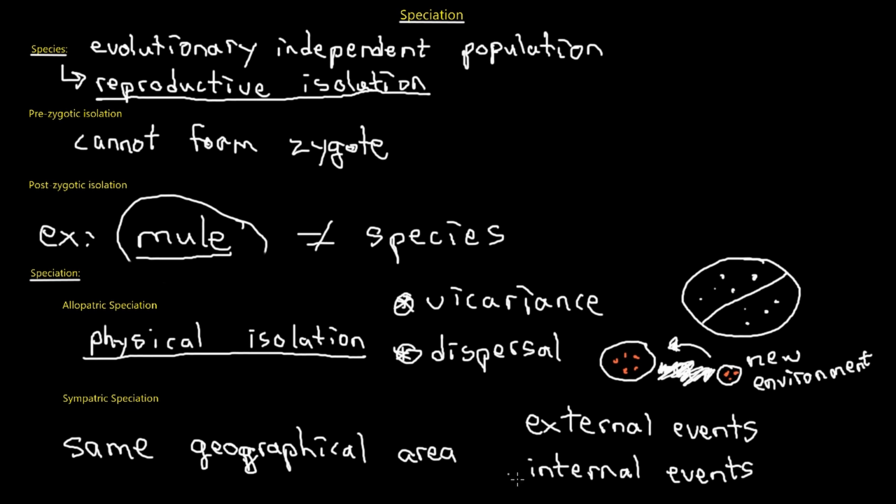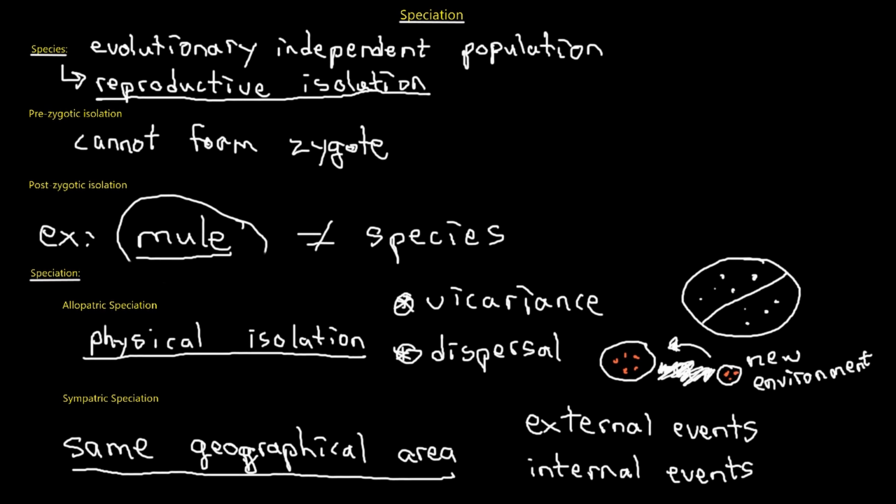There's quite a bit of research and detail that goes into these ideas of external and internal events in sympatric speciation. The most important thing to realize is that allopatric speciation occurs where there's a physical isolation between a population of a species that may produce new species.